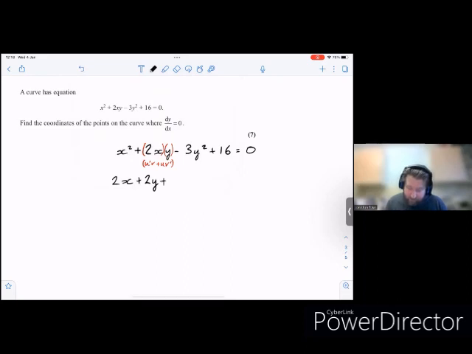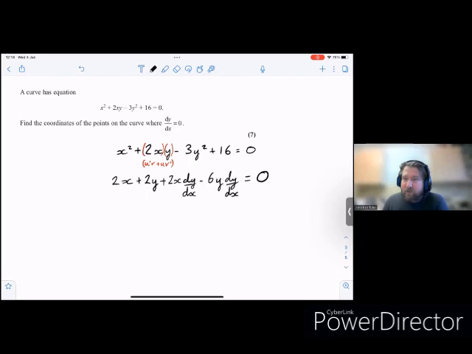Plus u v dash, so u is 2x. V dash is, if we've got y and we differentiate y, we get 1 dy by dx. So that's just dy by dx. And then we subtract 6y dy by dx. And the plus 16 becomes 0, and the 0 becomes 0.